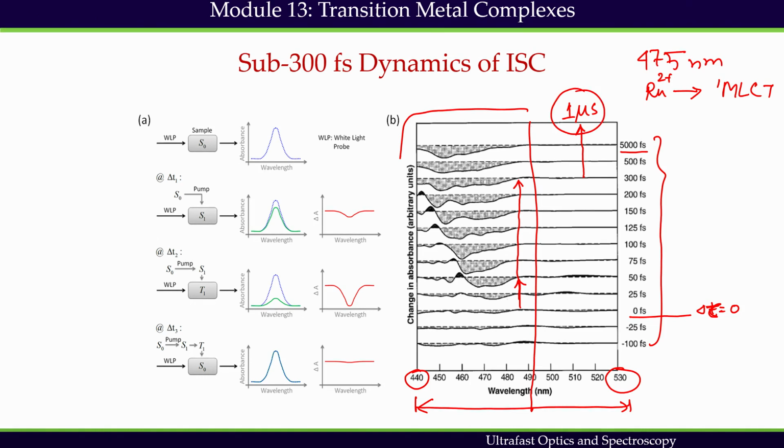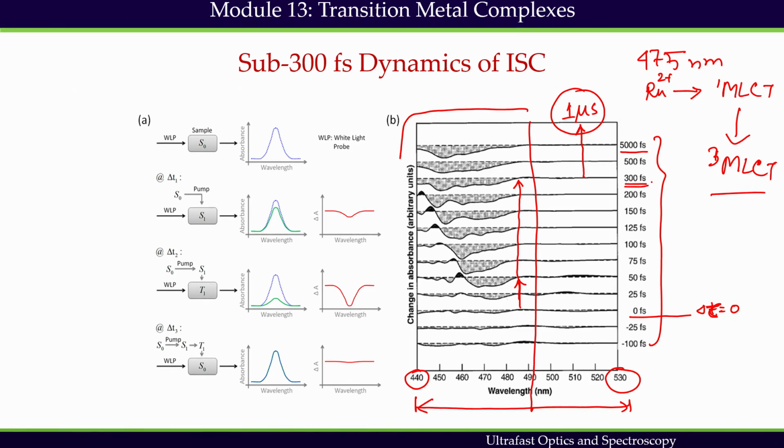No change in the spectrum until 1 microsecond means that we have already created that triplet state, and we know that the triplet state exists for 1 microsecond. This is triplet MLCT. This no change occurs from 300 femtosecond only.